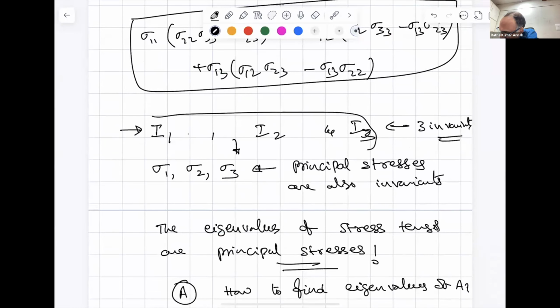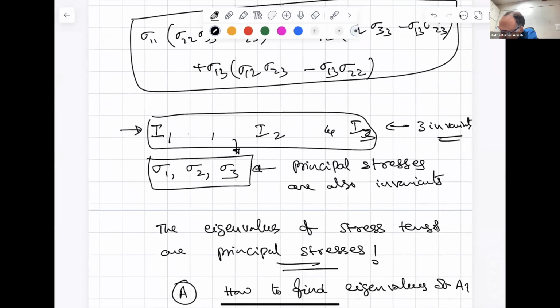Either these three or these three, because they don't change. So that is why I can say that sigma 1, sigma 2, sigma 3 are invariants, and then I can write I1, I2, I3 in terms of principal stresses. Okay, got it.